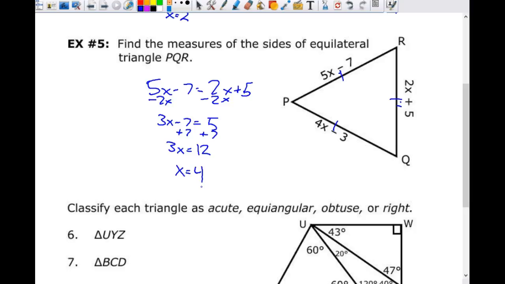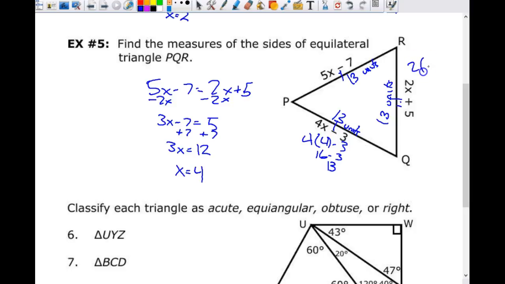Now we have to plug them back in. 4 times 4 minus 3. 16 minus 3 is 13. 13 units. If we did our math correctly, they should all be 13 units. Well, let's see if we did our math correctly.